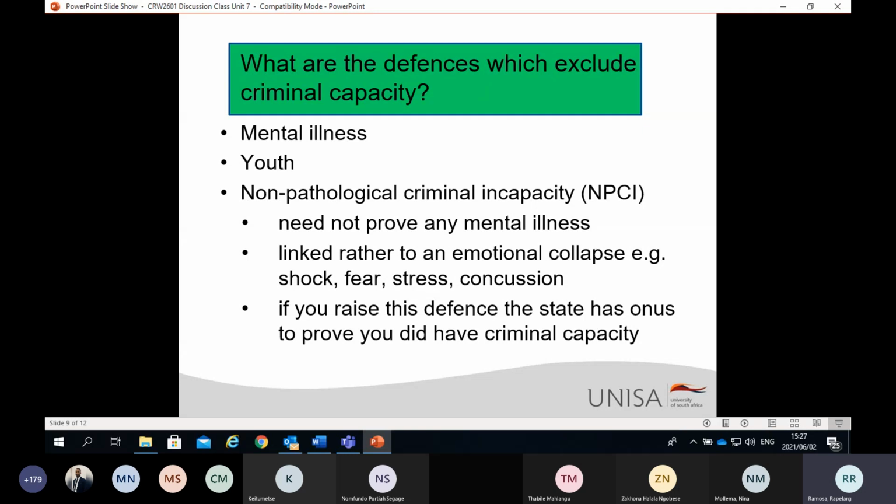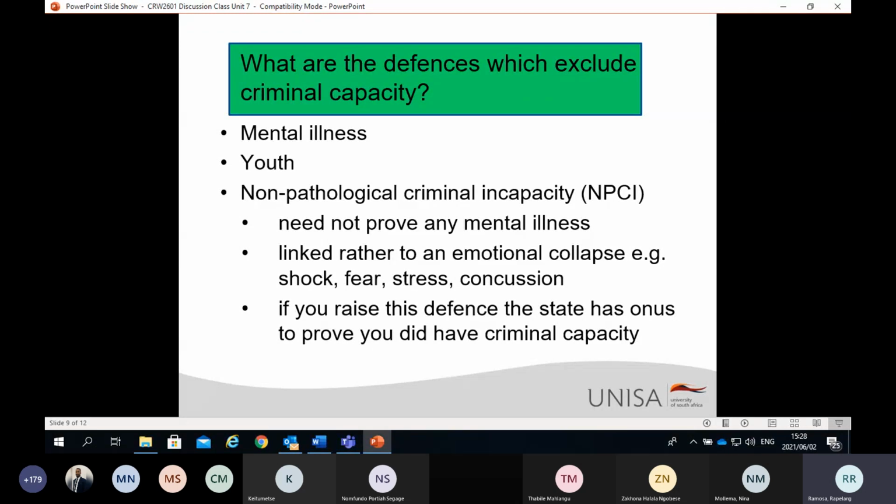Now, the word pathological is important to understand here. When we say something is pathological, we say that the incapacity arises as a result of an illness of the mind, as a result of a pathological disturbance, a mental issue.